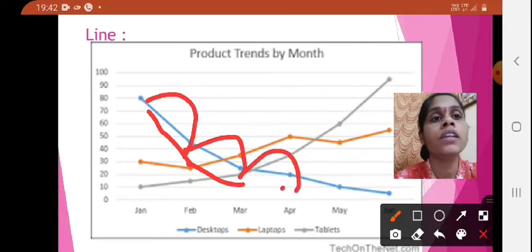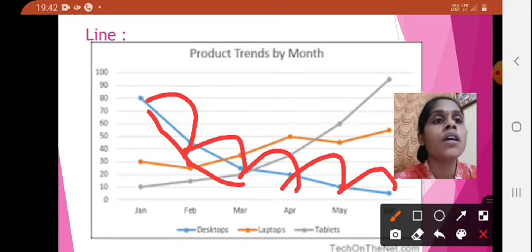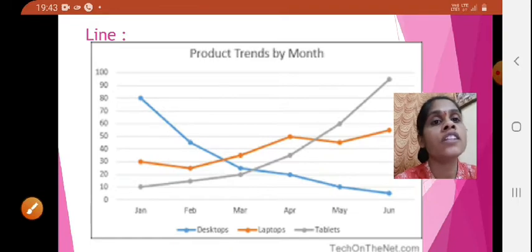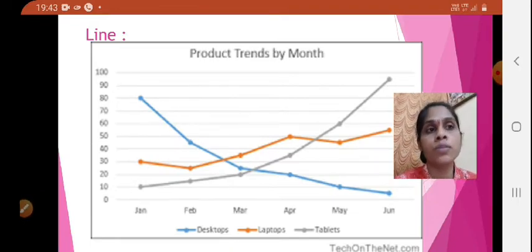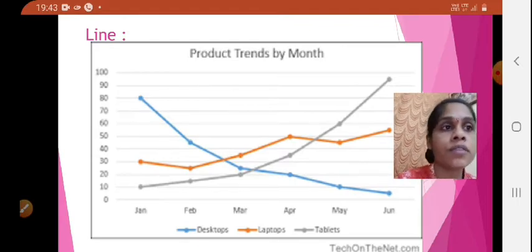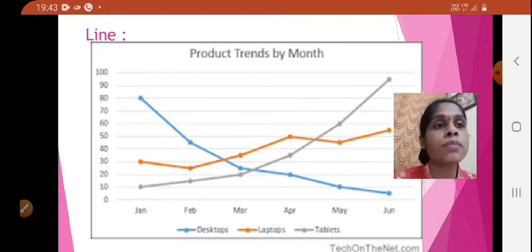Then here 20, then here 10, and then up to in between 0 and 10. It is like this. This is your line chart. We can use it like this also. All these things we can do practically. How to perform the practicals of these things, we will see in our next practical video.